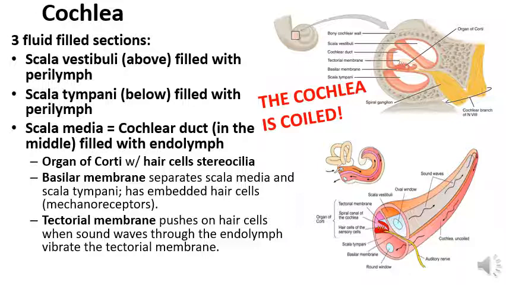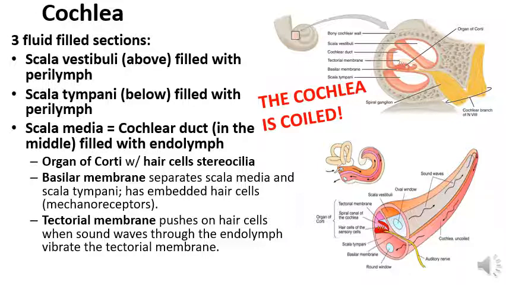But it's extremely important because these vibrations that we are going to be collecting at the oval window, the same vibrations that we collect from the pinna, the same vibrations that we amplify through the ossicles in the middle ear, are going to be vibrating through the scala vestibuli, and the scala vestibuli is full of a fluid called perilymph.